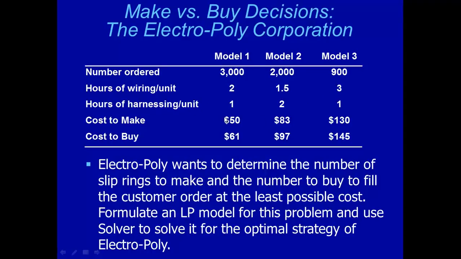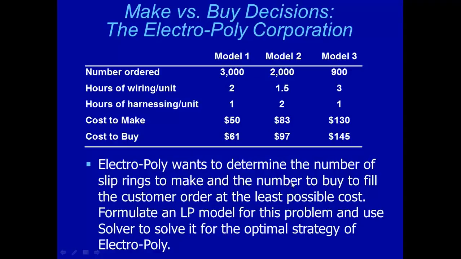It is cheaper to make all those rings in-house. For example, $50 for 1 Model 1 ring, $83 for 1 Model 2 ring, and $130 for 1 Model 3 ring. And it's more expensive to buy. For example, $91 for 1 Model 1 ring, and so on and so forth.